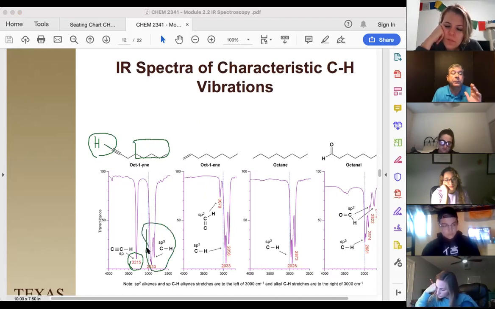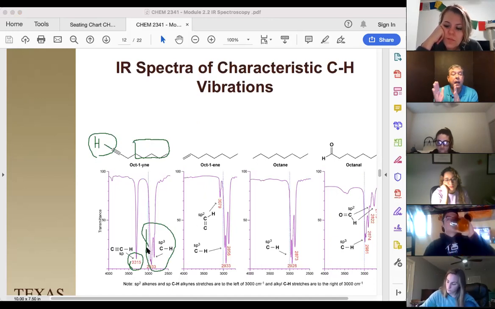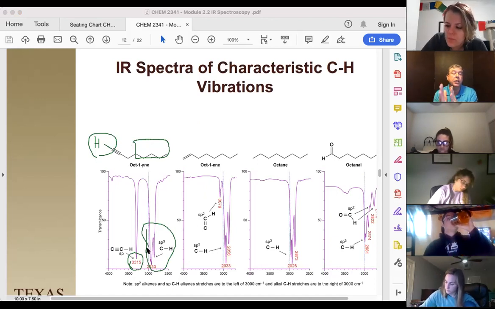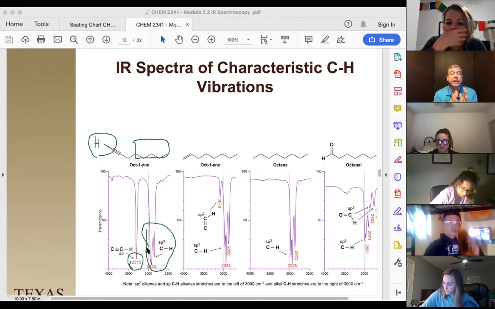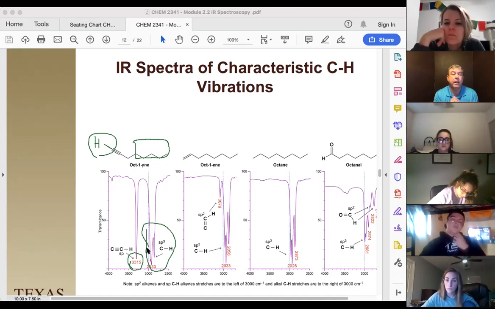So 3000 is a good number to remember because all alkane hydrogens are just below 3000. The alkenes are just above 3000, and the alkynes are right at 3300. So that's a good way to differentiate between an alkene, an alkane, and an alkyne just by looking at where the peaks show up in the IR.